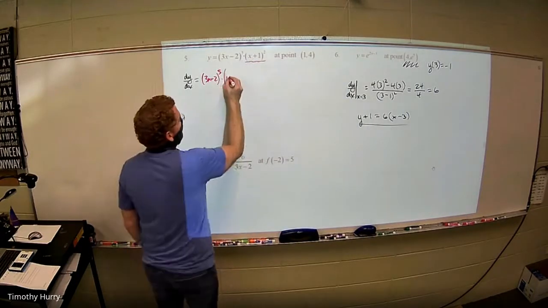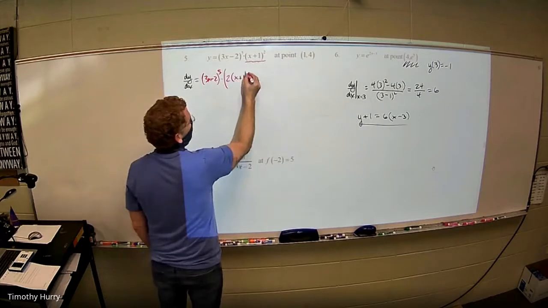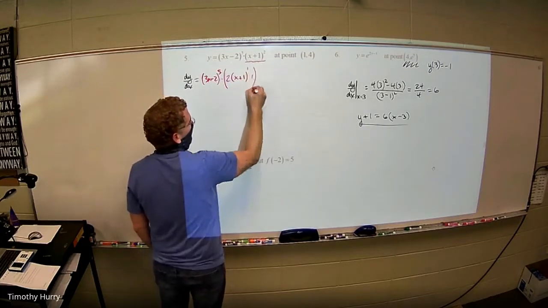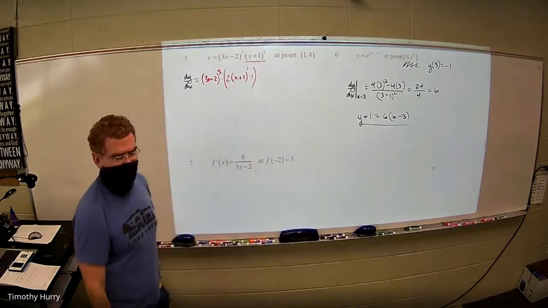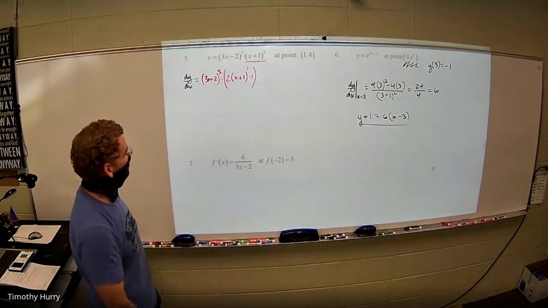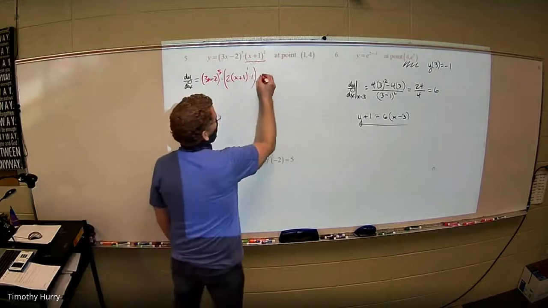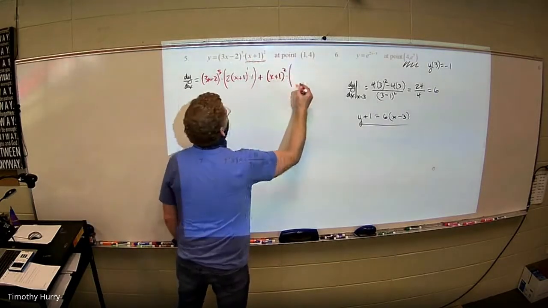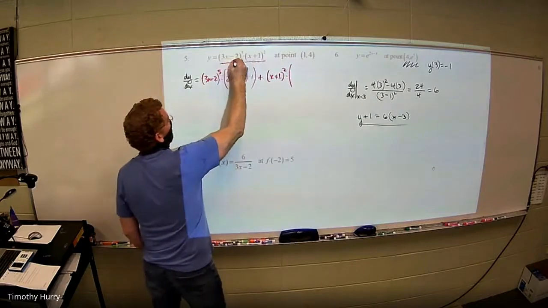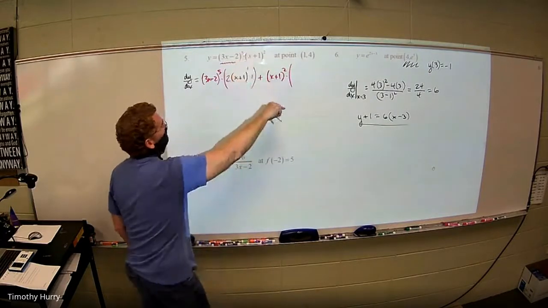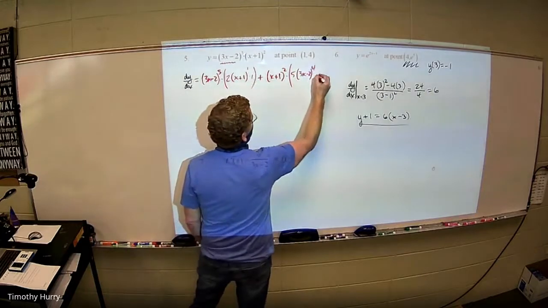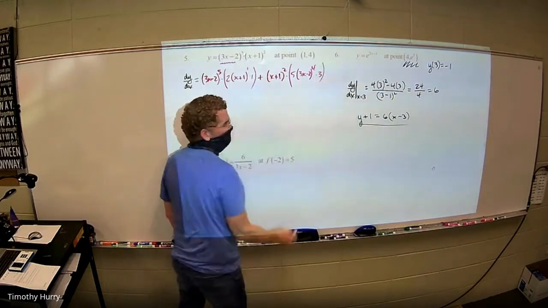Chain rule, right? 2 times blah to the first times the derivative of the inside, which is just a 1. And you don't need either of those ones because they're not doing anything. First times D second plus second times D first. How do I do D first over here? 5 times blah to the fourth times 3.